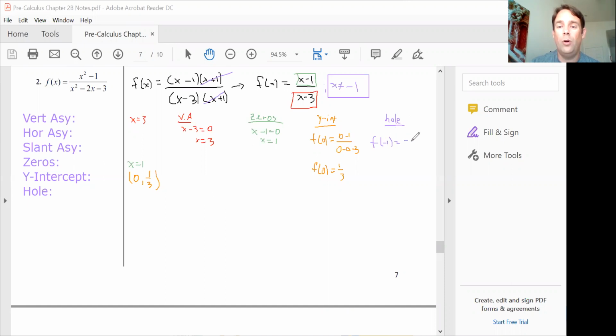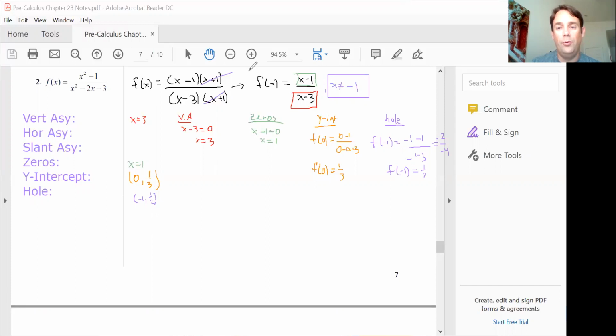So I have negative 1 minus 1 over negative 1 minus 3, so negative 2 over negative 4. That means I'm going to have this little blip in time at x equals negative 1. It's going to happen at 1/2. So when I graph that, I'm going to graph it with an open dot because that's where my graph has this little tiny opening. All right, here we go.